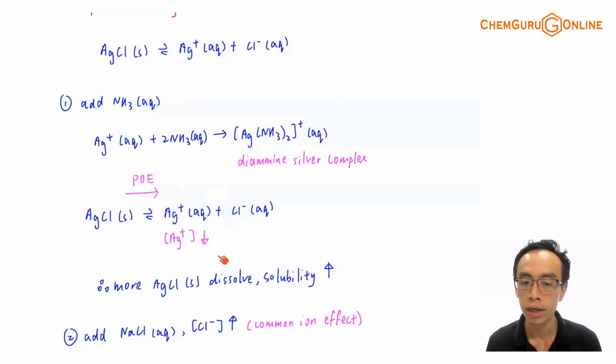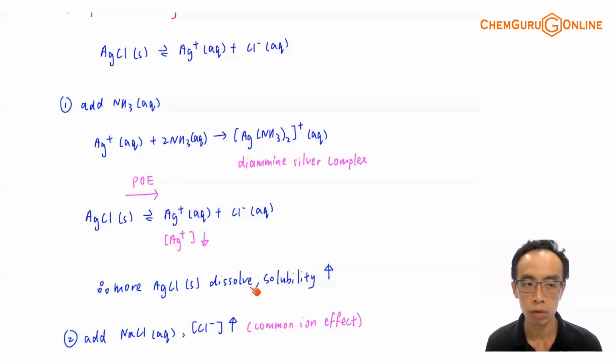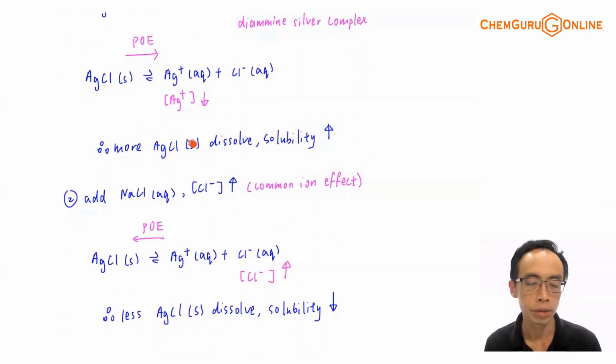Based on this idea here, solubility of AgCl increases since more of the salt dissolves. So in this case, involving adding ammonia, we will expect solubility to go up. Now, the second one is a lot more straightforward, this is purely based on the common ion effect. If I'm adding sodium chloride, which is soluble, the concentration of Cl- will go up.